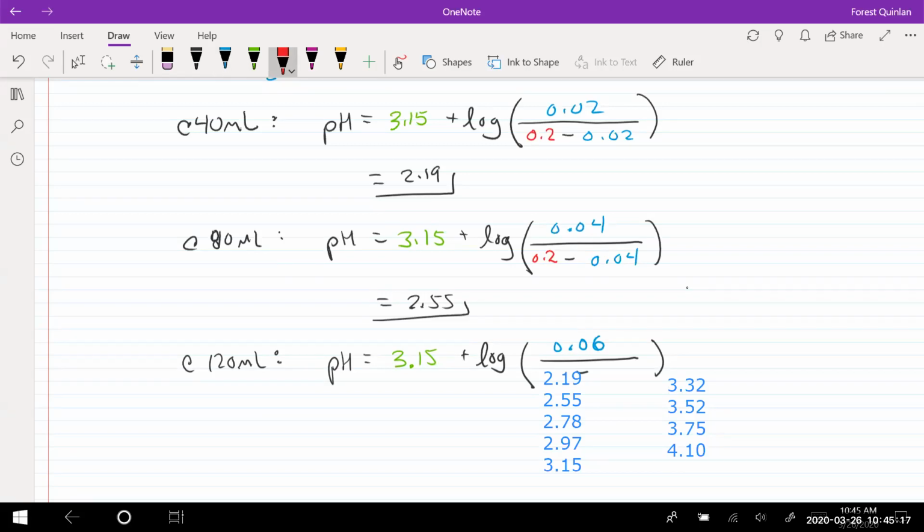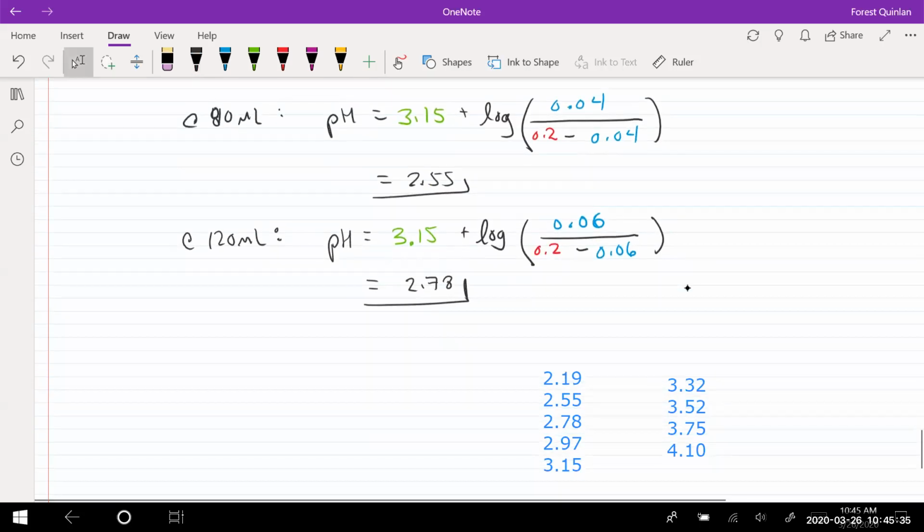Over 0.2 minus 0.06. And Dallas conveniently left that up as 2.78. Does that make sense, Chef? Yep. Okay. And then we're just going to say ditto to the end of region 1.